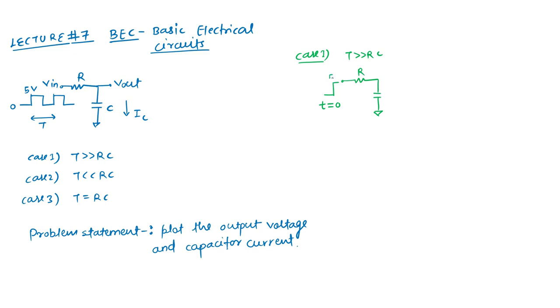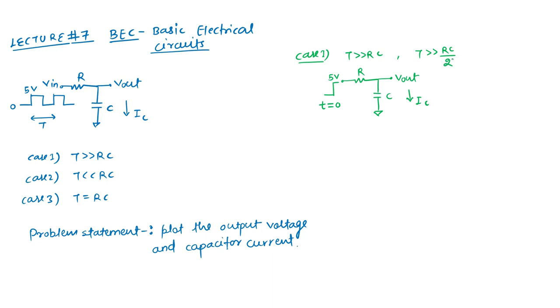Just a step is applied. At T equal to 0 a step is applied, and after that it stays for a long time because RC is much smaller than T. So we can also say T by 2 is much greater than RC.